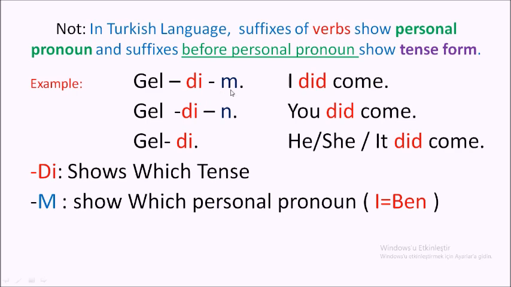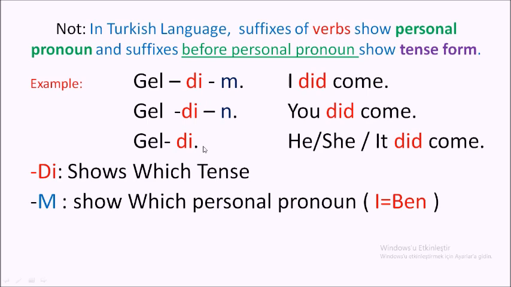So m shows a person, which is I. So geldin. As you see here, there's a red part, a suffix which comes before the subject pronoun, which is you. So this shows the past simple tense, geldin. This is important here too. Geldi, who came? Then he, she, it. So we don't use any suffix or tag at all to describe a person.